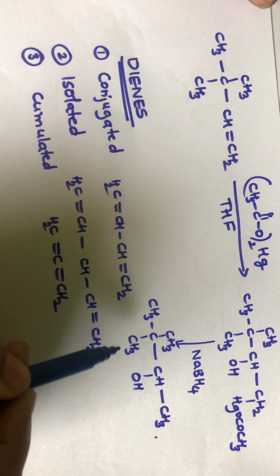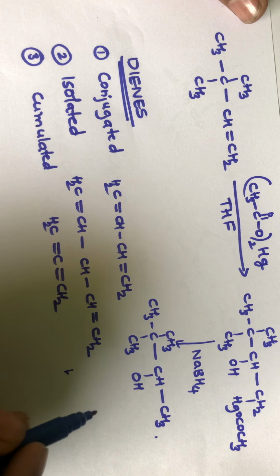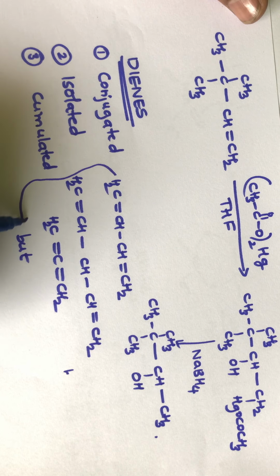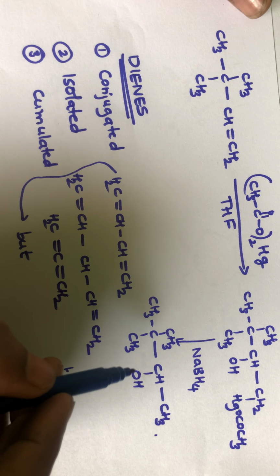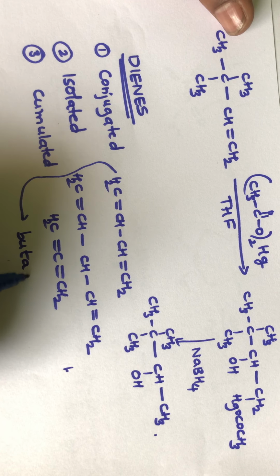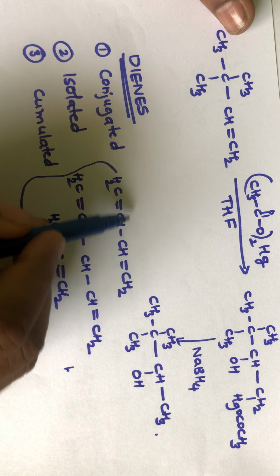Simple. For example, if I want to name this compound, 1, 2, 3, 4 carbons, so it is but. Butene, right? So there are two double bonds, so we can name it as butadiene. Number it 1, 2, 3, 4.